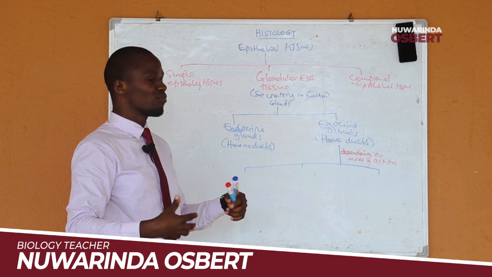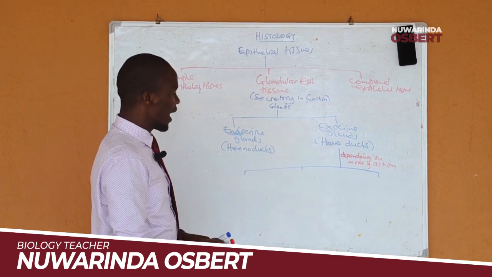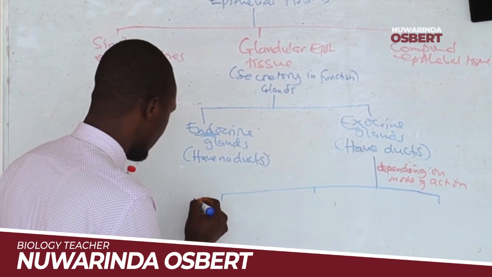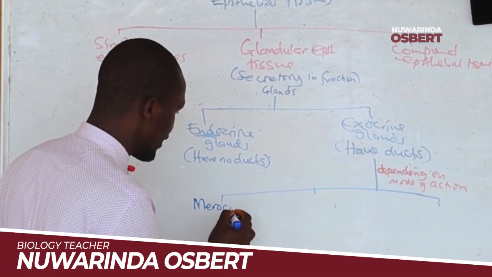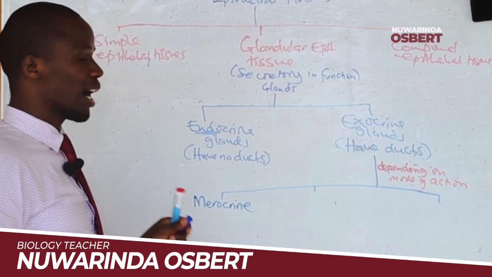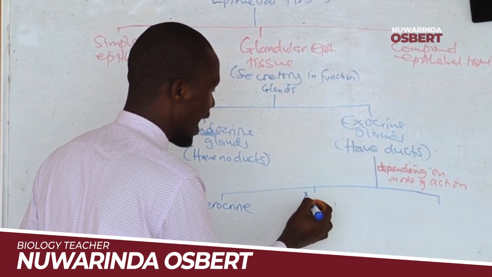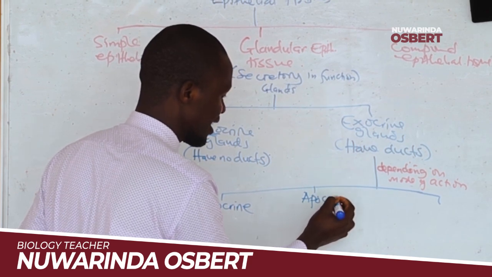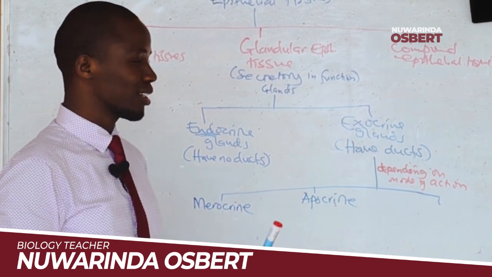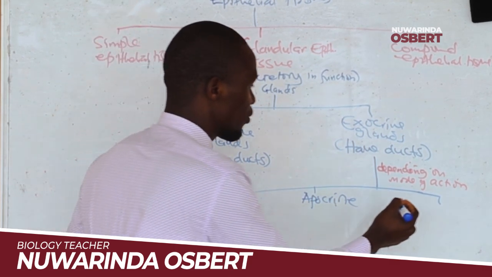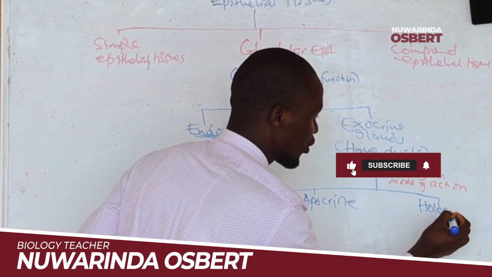So, in terms of mode of action, we have merocrine glands, we have apocrine glands, and we have glands which we call holocrine.